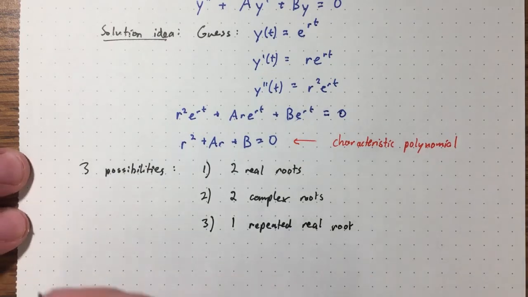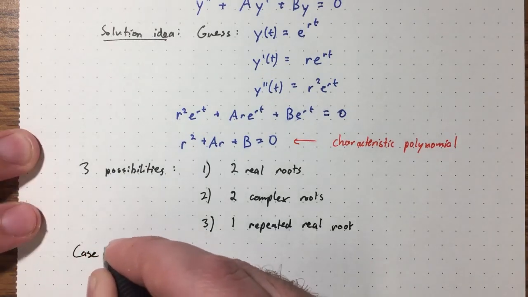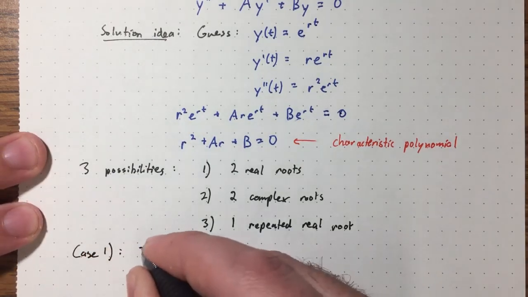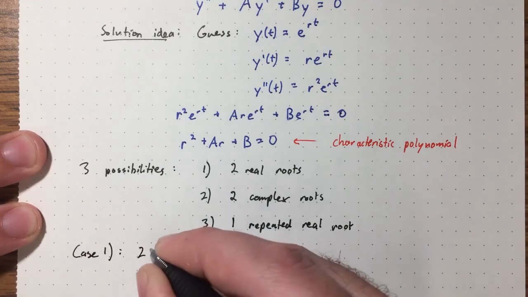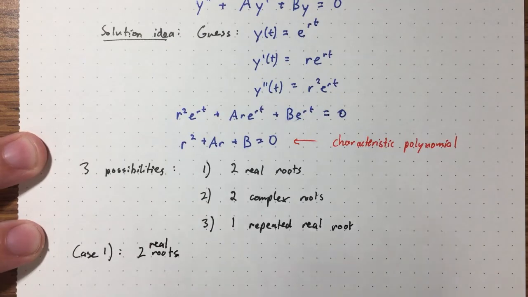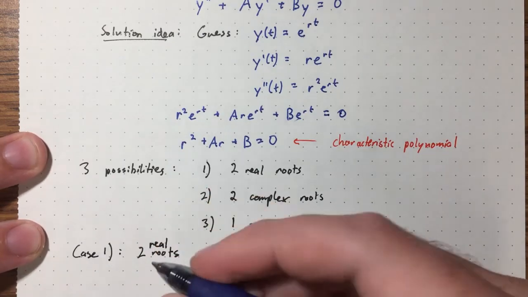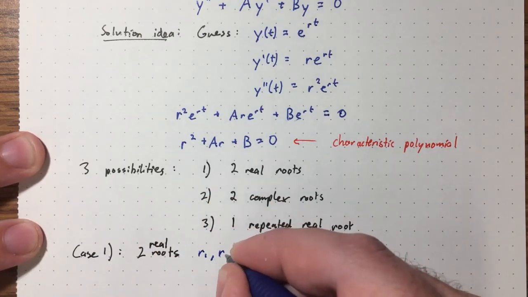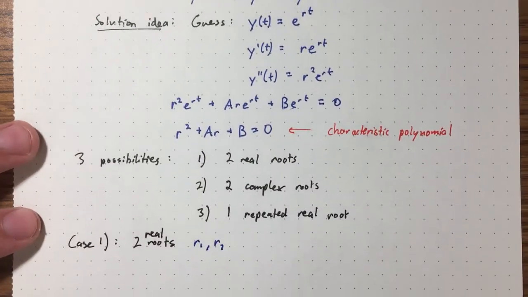So those are the only three possibilities. And so let's look at the first possibility. So case 1, if there are two real roots, let's give them names. So let's say R1 and R2 are real roots to this characteristic polynomial that we get.